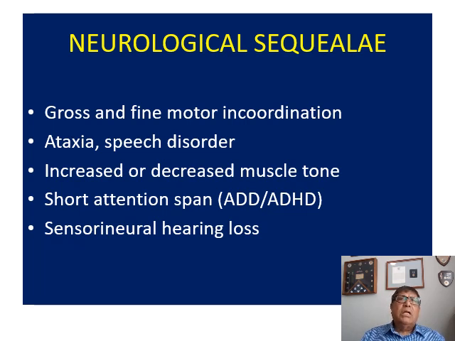Actually, there are some studies, and we begin to realize that even with good treatment and early diagnosis, there appears to be some higher incidence of ADHD in children with congenital hypothyroidism.